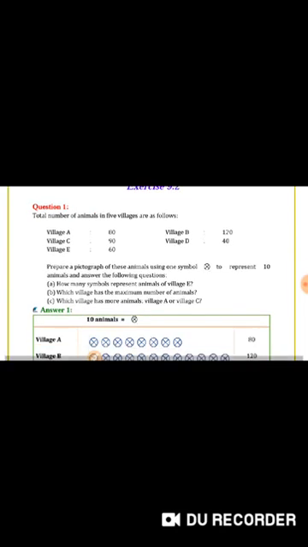Here they give information, and according to that we have to draw and answer the questions. The total number of animals in 5 villages is given. Then prepare a pictograph of the animals using this symbol to represent 10 animals, and answer the following.